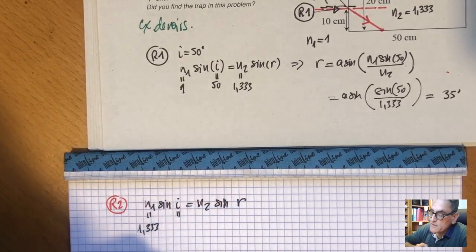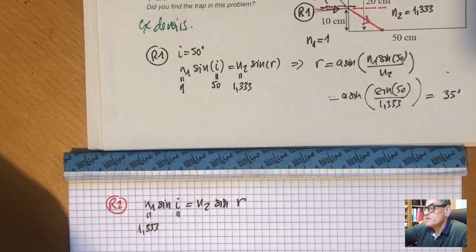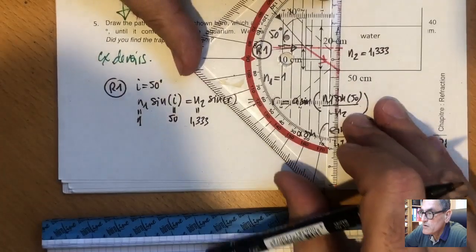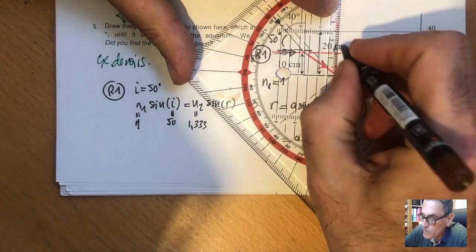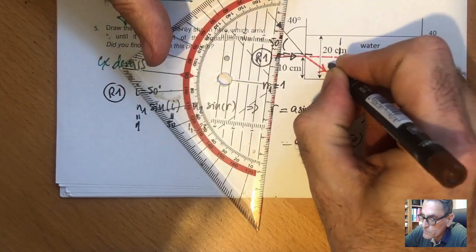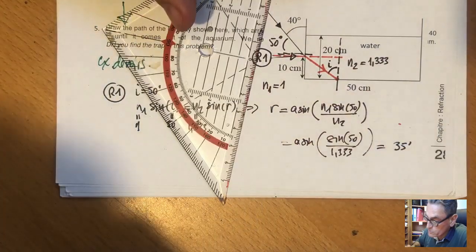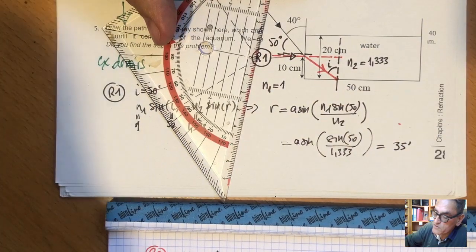The angle of incidence is how much? Here you have to be a bit careful, because the angle of incidence is defined as the angle with respect to the normal, but now the normal is here. So we need to compute this angle here. How can we do it? Well, we have this triangle here.